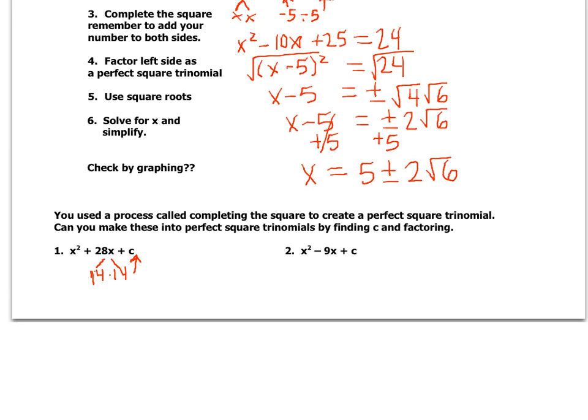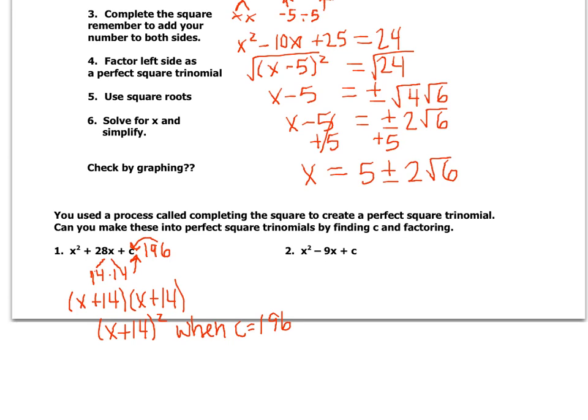So I would want C to be 196. And if I had C be 196, I could say x plus 14 times x plus 14, which would really be x plus 14, the quantity squared, and that's when C equals 196.